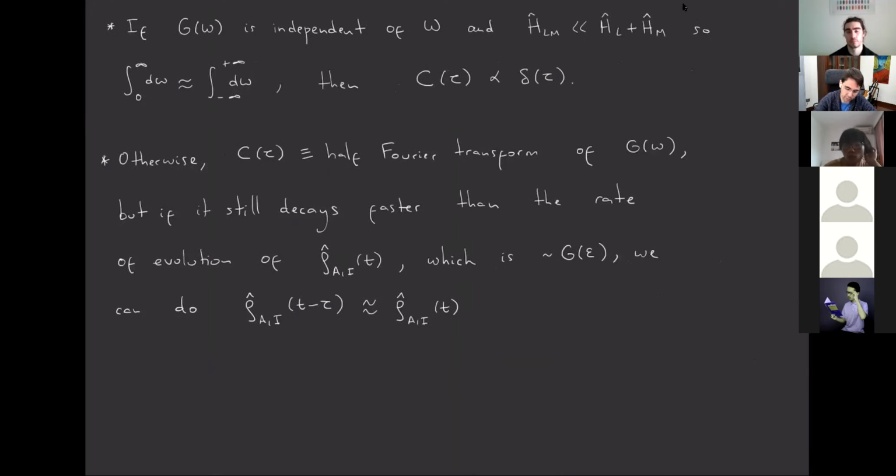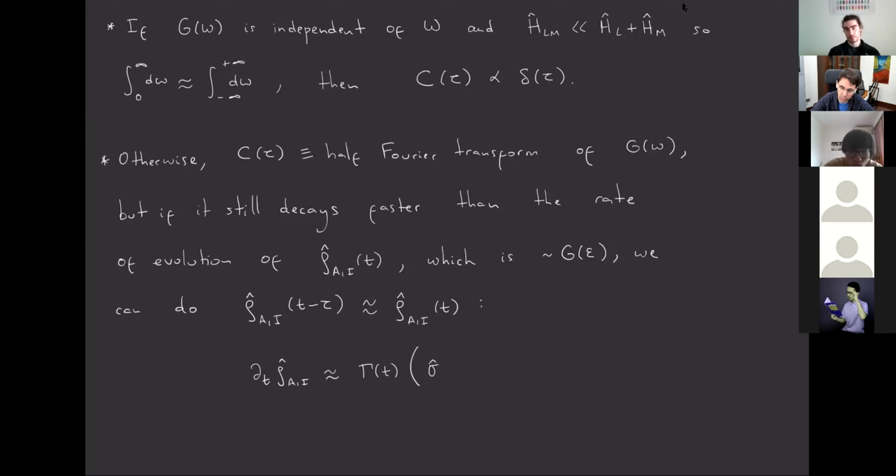Then if you make this approximation, and this is called the Markov approximation, then you end up with an equation that looks like this. So it's a little bit different than the Markovian master equation that we have been working with.